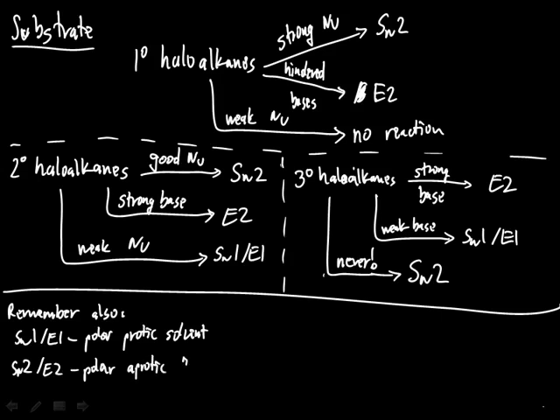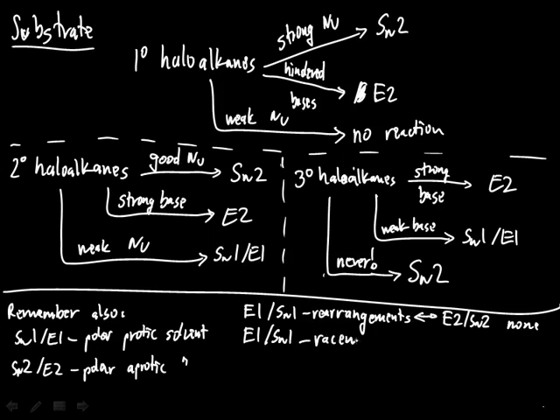A couple of other points is that E1 and SN1 reactions occur with rearrangements. E2 and SN2 reactions have no rearrangements. E1 and SN1 reactions racemize whatever chiral starting materials you might have had. E2 and SN2 reactions are stereospecific.